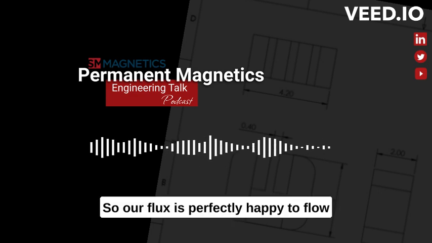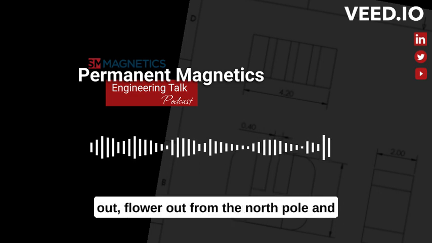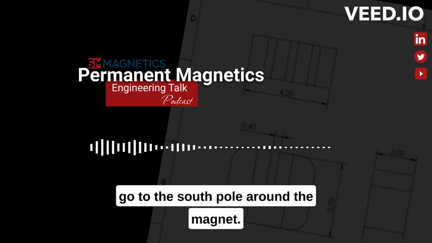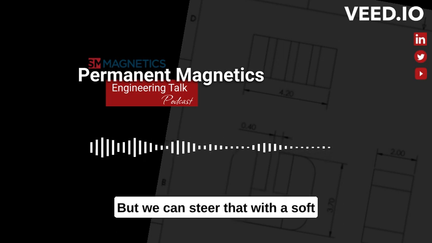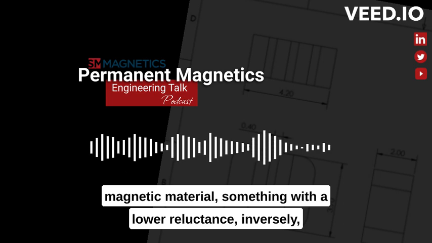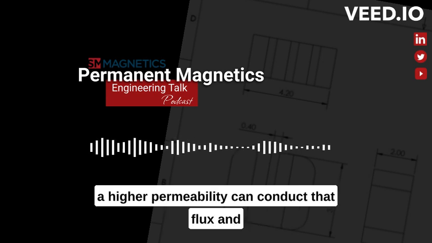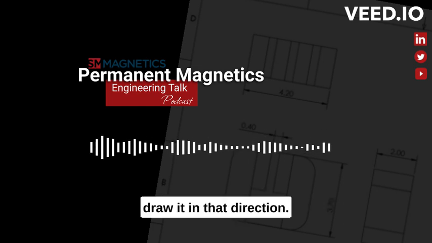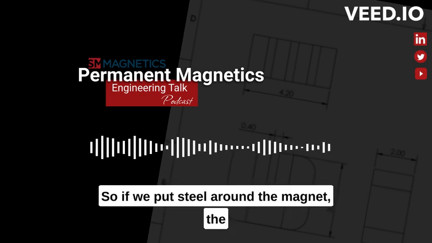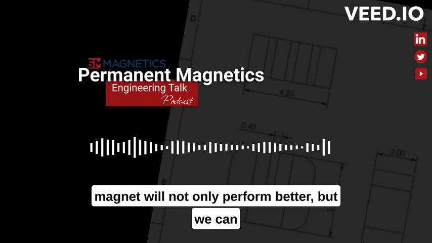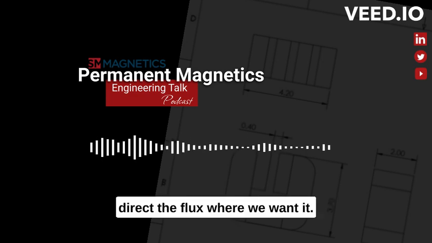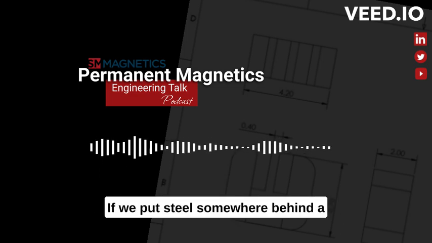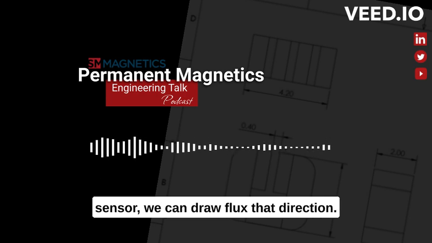So our flux is perfectly happy to flow out from the north pole and go to the south pole around the magnet. But we can steer that with a soft magnetic material, something with a lower reluctance, inversely a higher permeability, that can conduct that flux and draw it in that direction. So if we put steel around the magnet, it will not only perform better, but we can direct the flux where we want it. If we put steel somewhere behind a sensor, we can draw flux that direction.